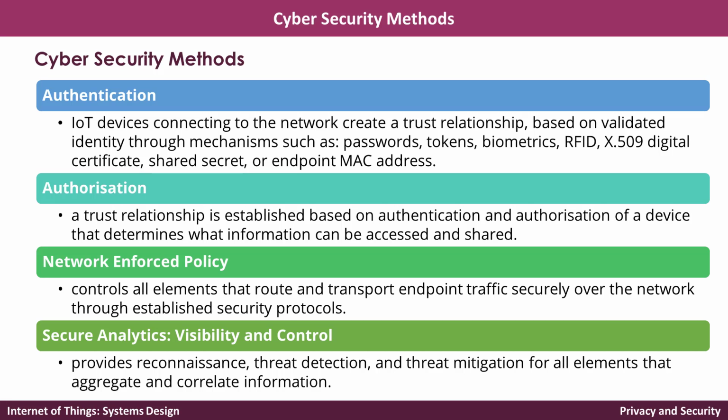The next one is network enforced policies. So here we talk about controlling the elements or any kind of data routed and transported through the network. So we use security protocols and try to determine what kind of devices are allowed to communicate with other devices, and what kind of security protocols need to be put in place in order to make this communication approved. And also you can think about what kind of external services it can talk to.